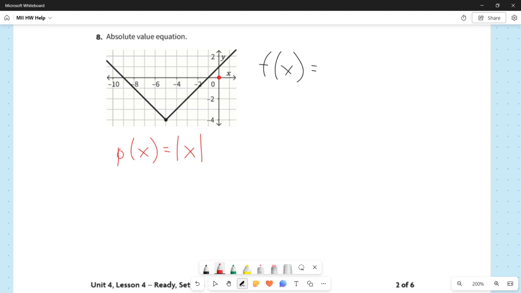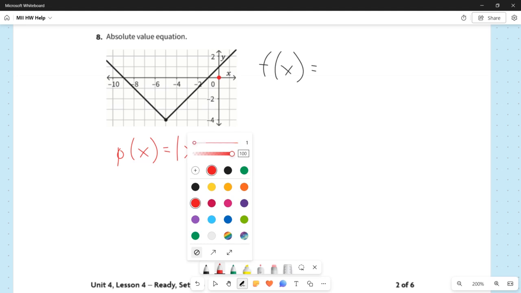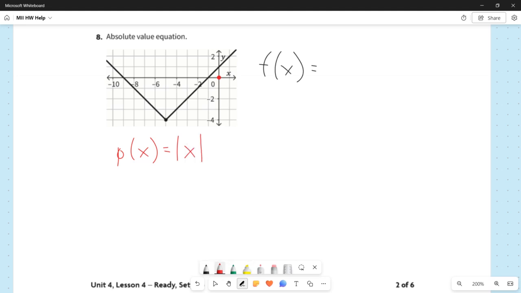I think the easiest way to do this problem is to think about what transformations happened to the parent function to get us to where we are right now. To do that, it's going to be helpful to start with the vertex and see how that moved. If we're looking at the vertex, it was at 0, 0, but then it shifted to the left, right?